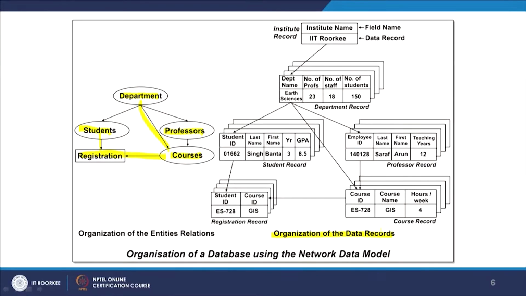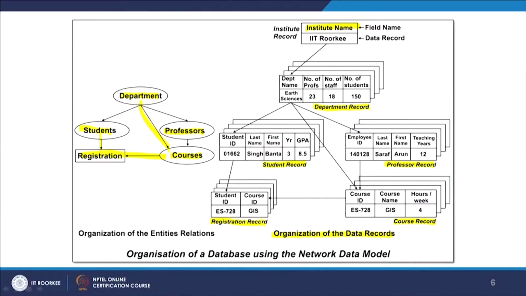If we see the organization in form of data records, how it will be done is almost the same way. You have the institute name, then a department record, a student record, a professor record, and a course record. This is all common, as it was also in the hierarchical data model.